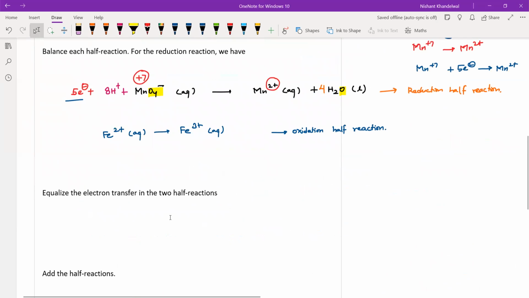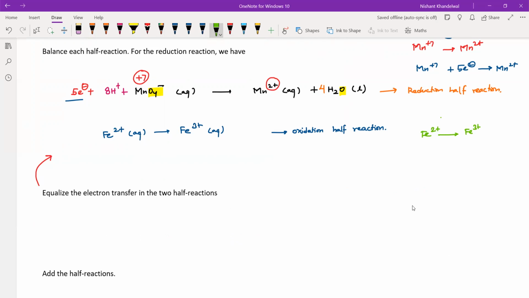So I have done this step as well here. I have to find out first the charge, how the transition is taking place. Basically Fe2 plus is giving me Fe3 plus, so this means there is an increase in oxidation number.